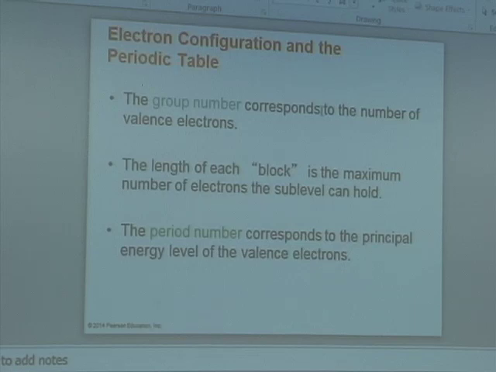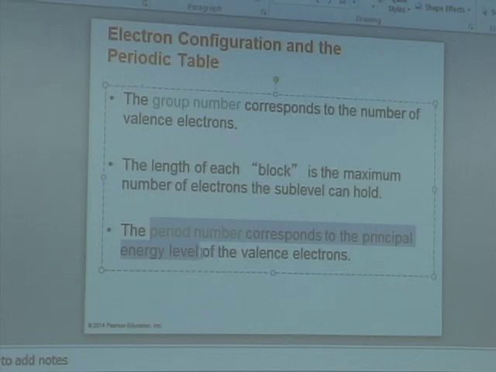So the group number corresponds to the number of valence electrons. So we see group 1, group 2, and then you see group 3, group 4. The length of each block is the maximum number a sublevel can hold. The period, however, corresponds to the principal energy level of the valence electron.